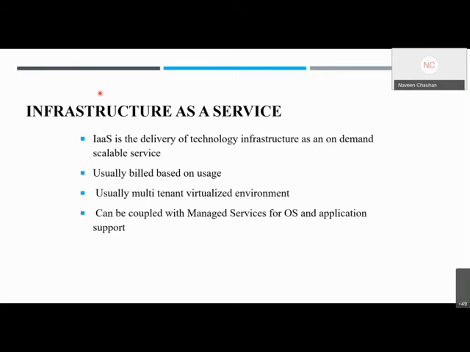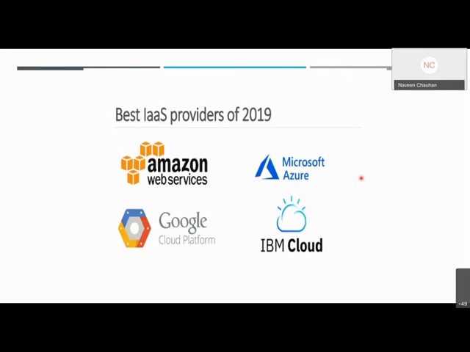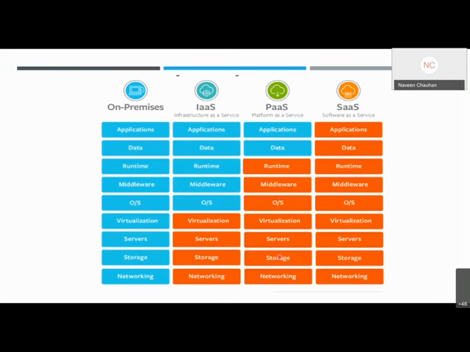In our mind, infrastructure is the only thing we were talking about at that time, where we want to fetch infrastructure on demand and on a scalable basis. The best infrastructure as a service providers are Amazon Web Services, Microsoft Azure, Google Cloud Platform, IBM Cloud. These are all there as infrastructure as a service.